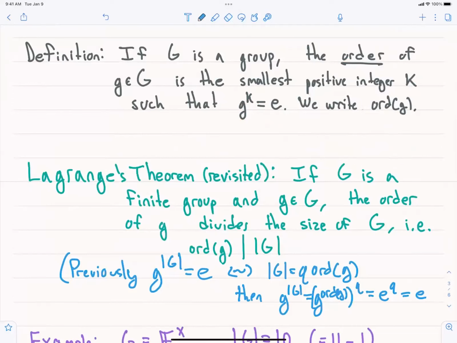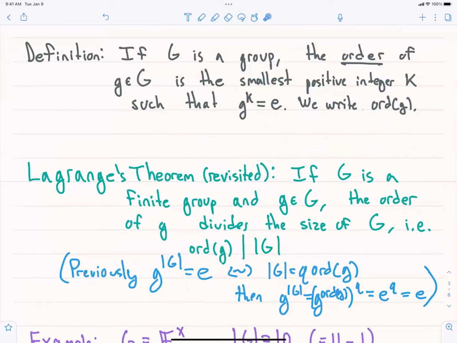Okay, but this statement is slightly more precise. It's not just that if I raise an element to the order of the group, I get the identity element. It's really that the order of that element is a divisor of the order of the group. So the smallest integer for which this is true divides the size of the group G. If you go back and look at how we proved Lagrange's theorem, which was done in one of the video lectures, you'll see that the same proof we wrote down then implies a stronger statement.